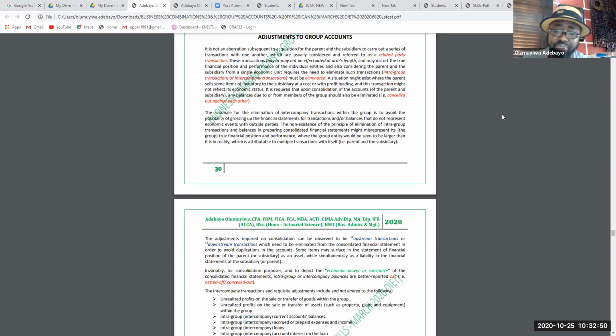Now, from the group perspective, we say consolidation entails a line-by-line addition of the parent's line items of assets and liabilities with those of the subsidiary, subject to an adjustment. What is the adjustment? I cannot consolidate a receivable from my subsidiary within the group, neither can I consolidate a payable by my subsidiary within the group.